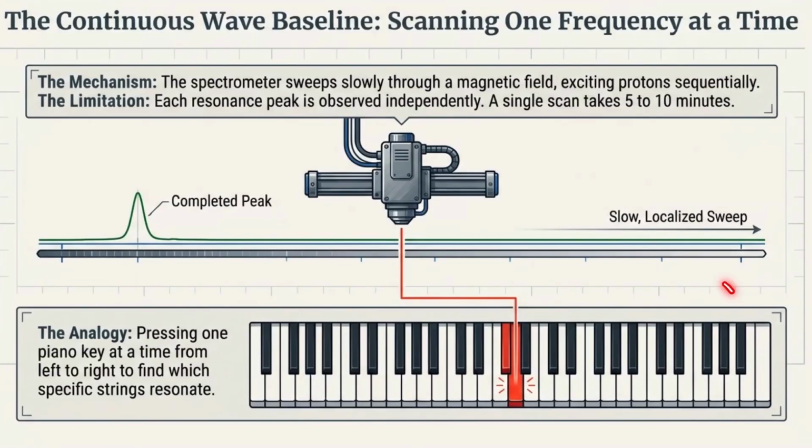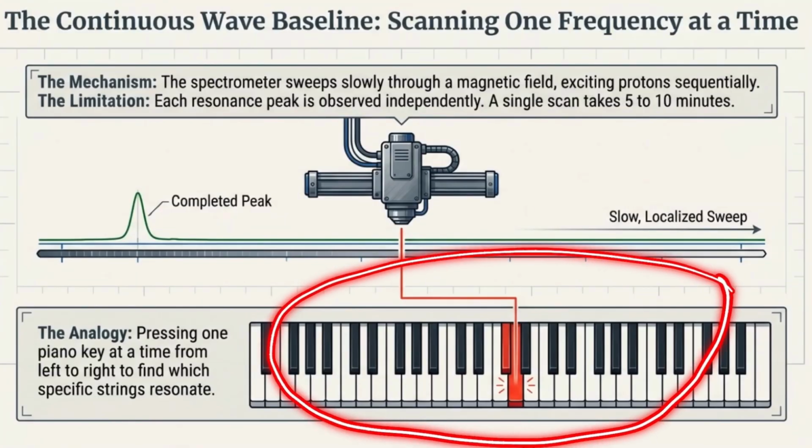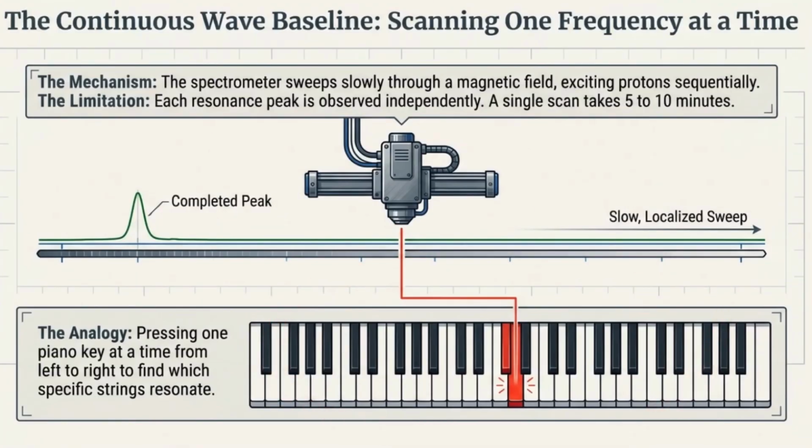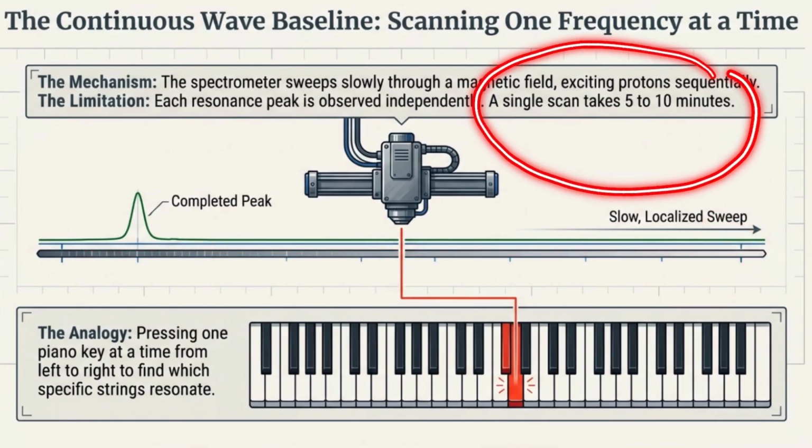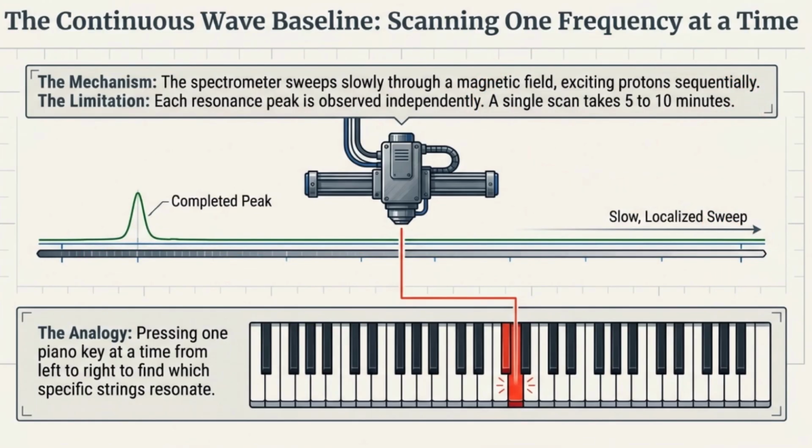We have taken the analogy of playing piano keys for the continuous wave instrument. The continuous wave instrument scans the whole spectrum, moving from left to right, and a complete scan of a spectrum takes about 5 to 10 minutes.